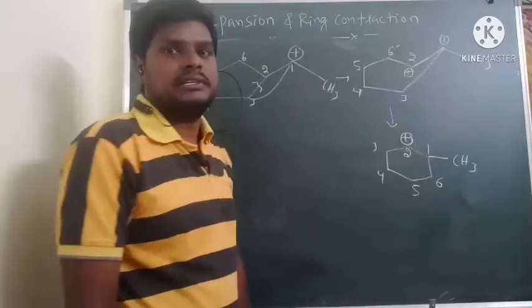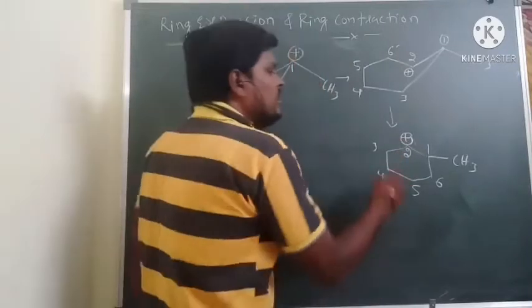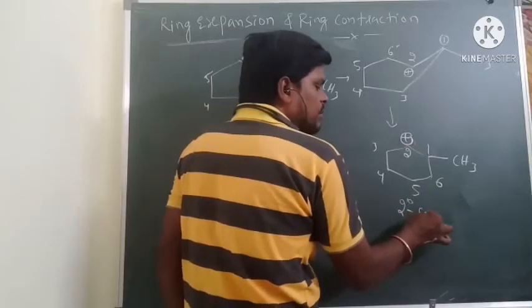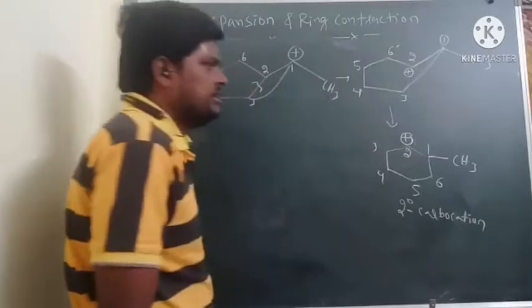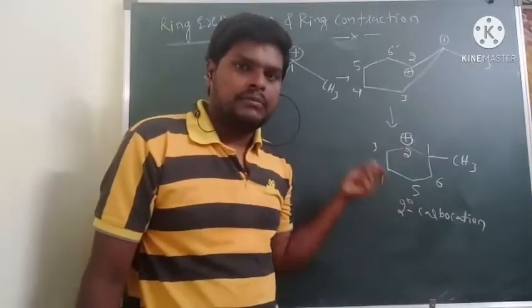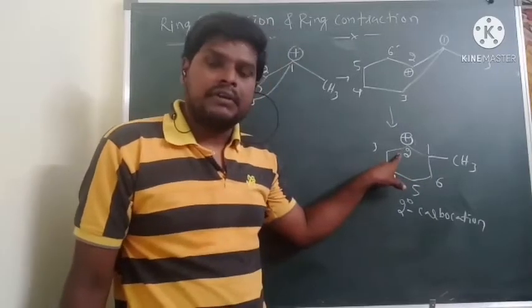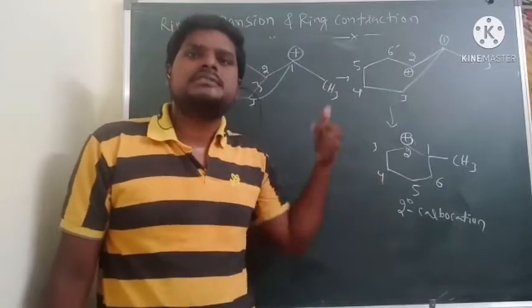What happened in this case? This second carbon having the positive charge is called a secondary carbocation, right? One more step we need to understand here. What is the main purpose of this expansion and contraction? To get a stable product.